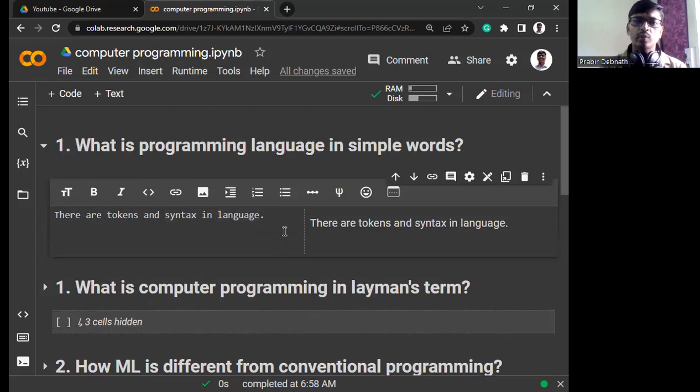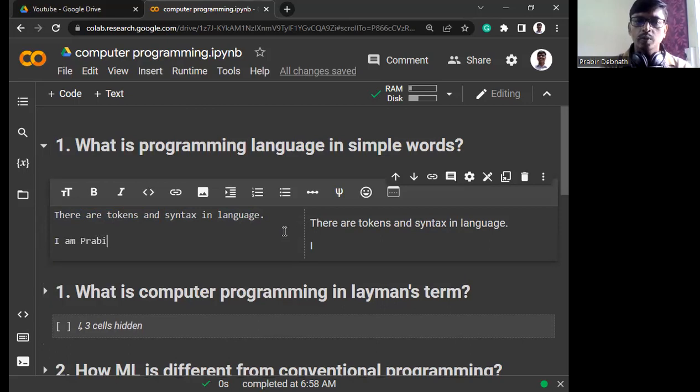Let us understand with another example: I am Prabir. Here, the name Prabir is the identifier because this name is given by my parents.